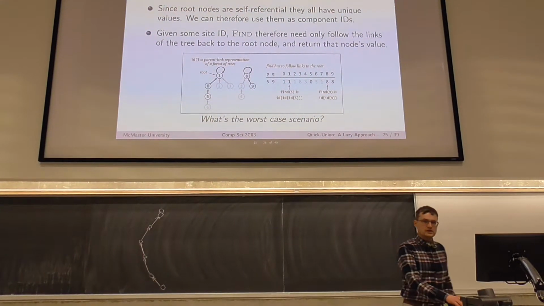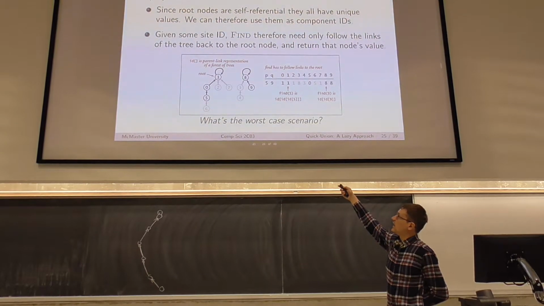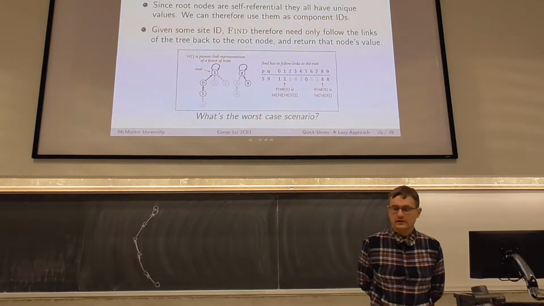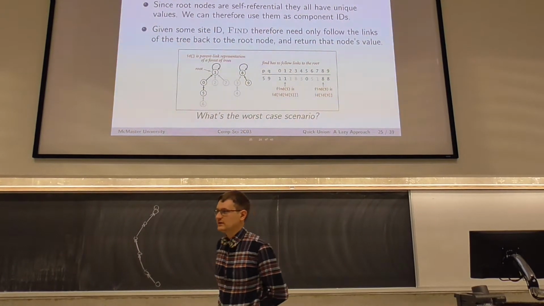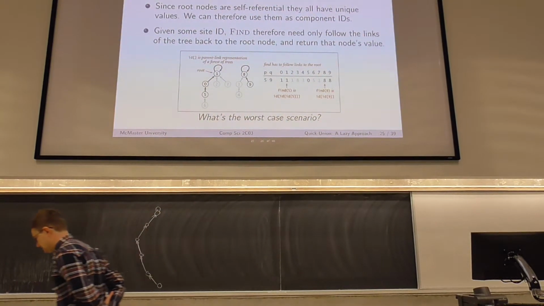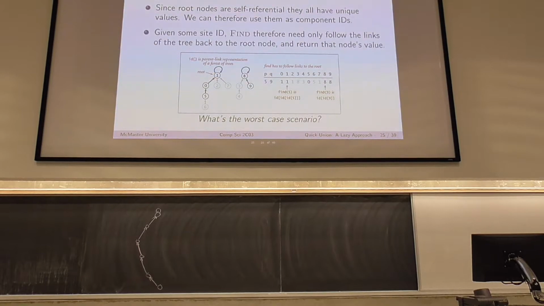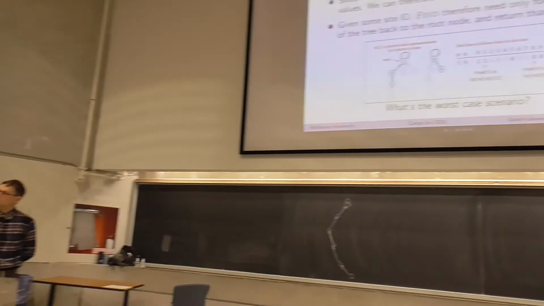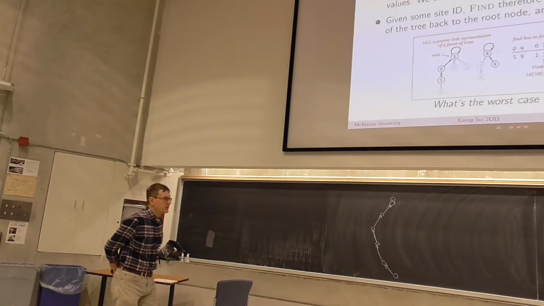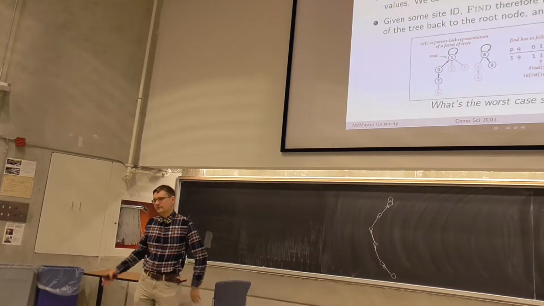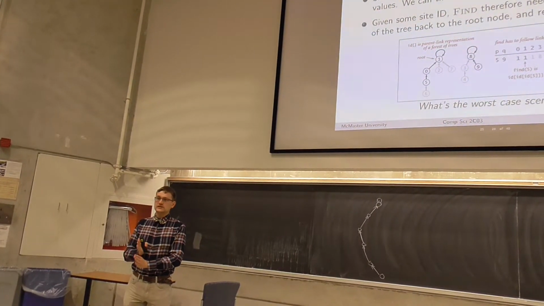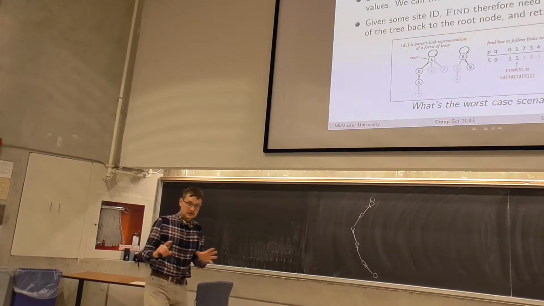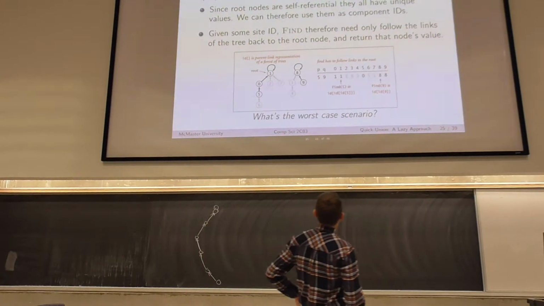So what's our worst case complexity for the find operation under this scheme? It's linear, which is a lot worse than constant time. But the next thing you have to say is, well, how likely is the worst case scenario? It would take a very small number of exact sequences of union operations to produce exactly this tree, right? But before we get there, let's talk about what union is, right?